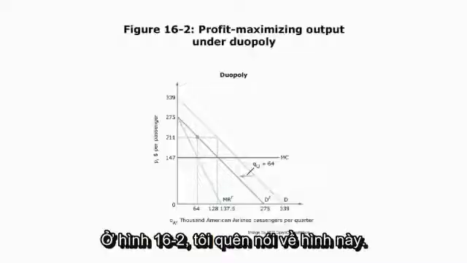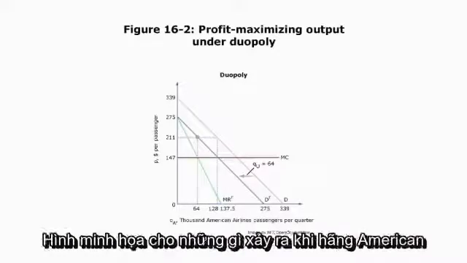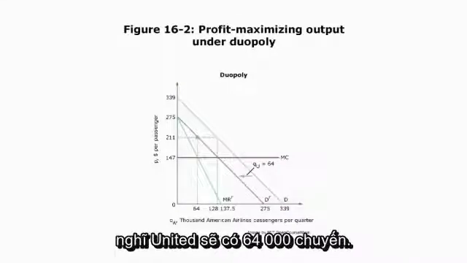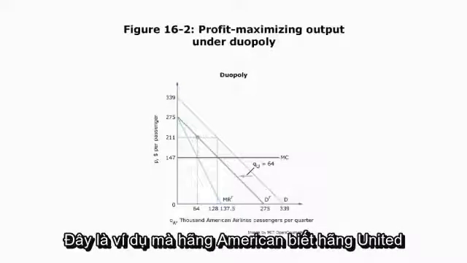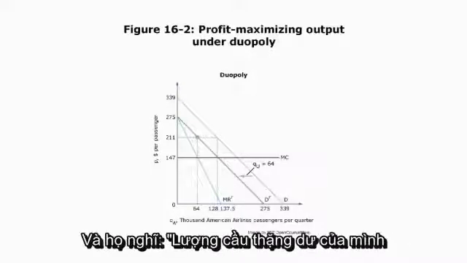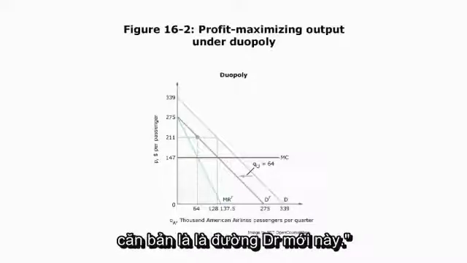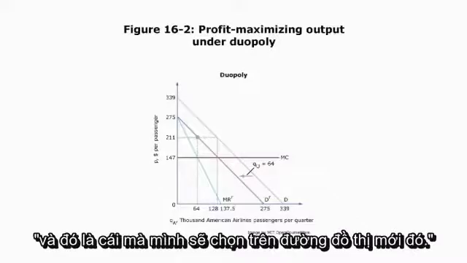So figure 16.2, I skipped over figure 16.2. This just illustrates what happens when American thinks United's committing 64,000. We did it mathematically, but this is an example where American knows United's doing 64,000 flights. So they say, my residual demand is essentially this new line, D super R, and that's why I choose on that new line.